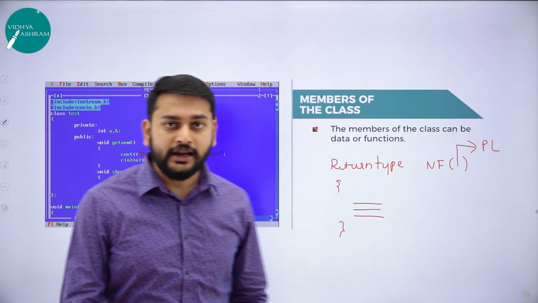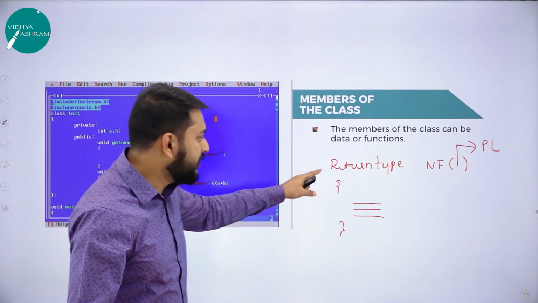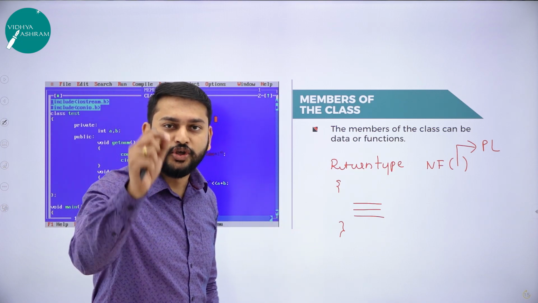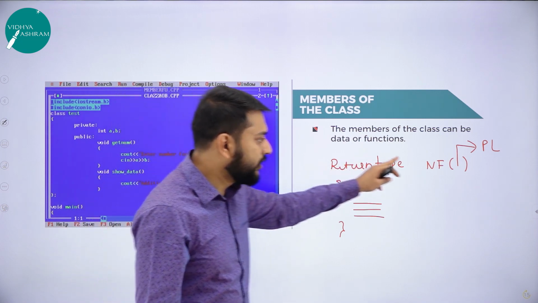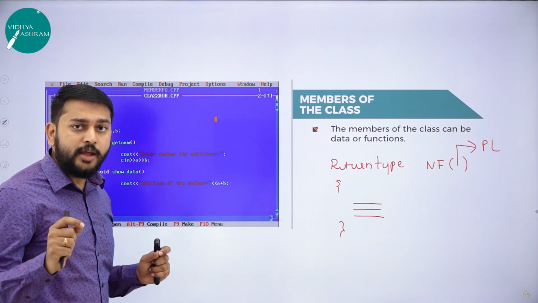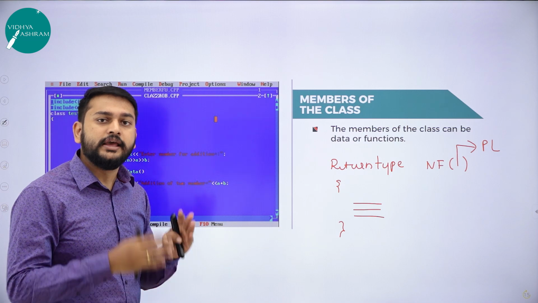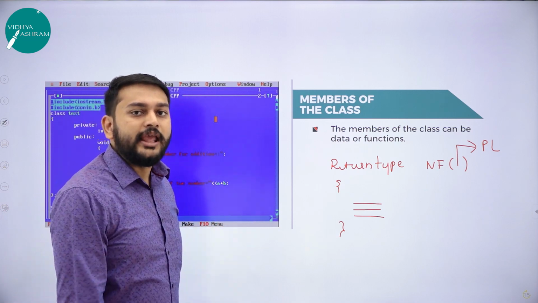Let me give you a recap on defining or declaring the member functions. My dear students, what is the first thing that you will write? You will write the return type. The second one is the name of the function. I have already discussed with all of you, name of the function in the sense you need to identify the function particularly. That is why you will give the name of the function.